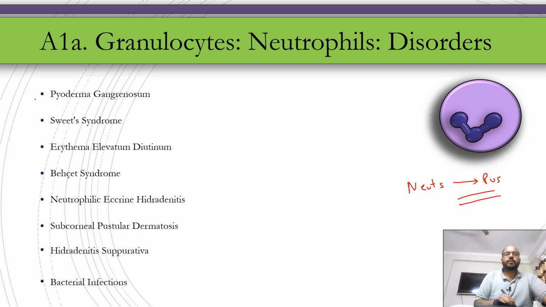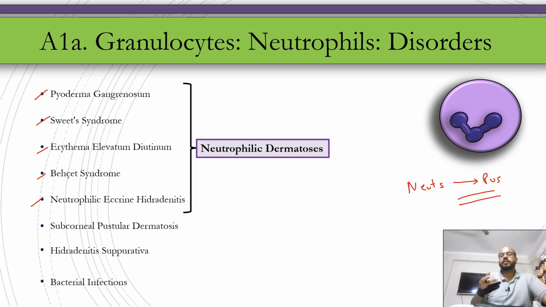So disorders like pyoderma gangrenosum, Sweet syndrome, erythema elevatum diutinum, Behcet syndrome, neutrophilic eccrine hidradenitis. Now all of these disorders are termed neutrophilic dermatoses. In fact, we will find these disorders in the chapter labeled neutrophilic dermatosis. Clear? Other disorders like SCBD, in which you have pustules, hidradenitis suppurativa, and bacterial infections. Remember, neutrophils are first responders.